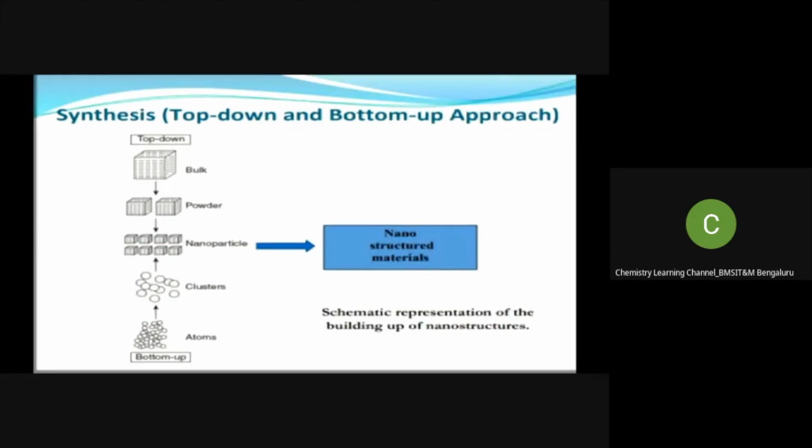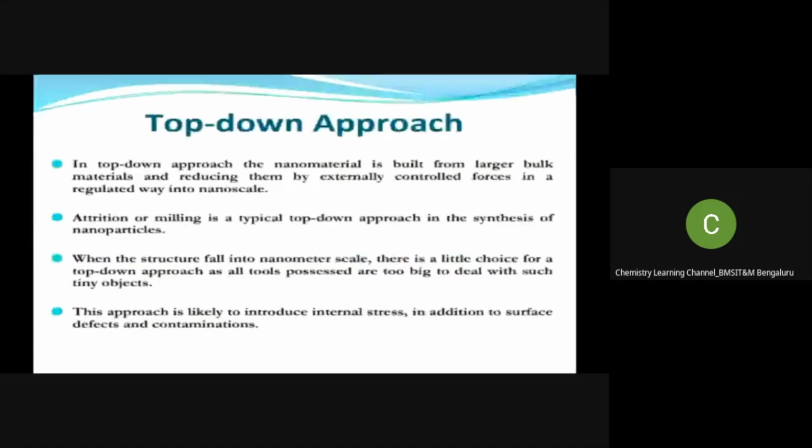So let us discuss first the top-down approach. In the top-down approach, the nanomaterial is built from large, bulkier materials, reducing them by externally controlled forces in a regulated way into nanoscale. Here, external control forces are used to convert the large materials into small-sized nanoparticle materials.